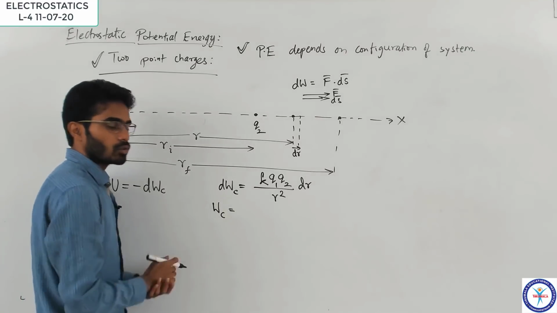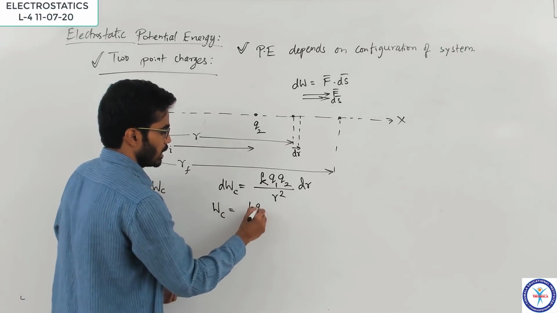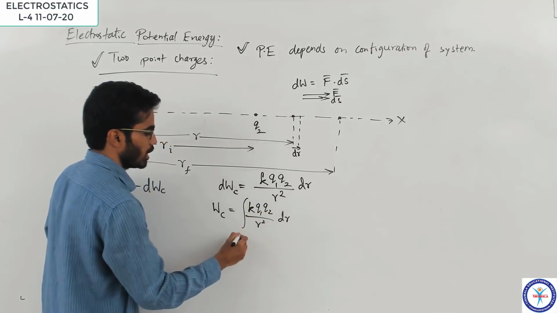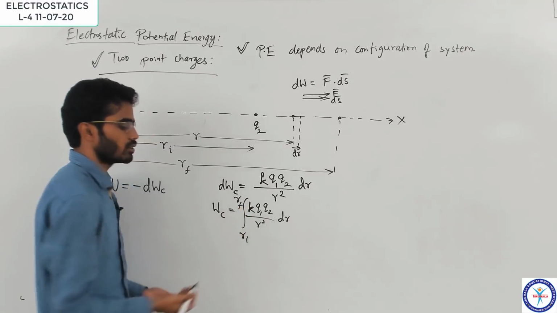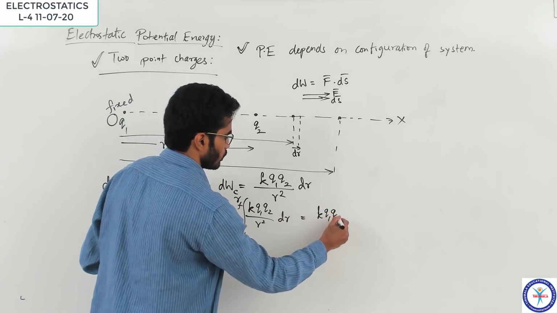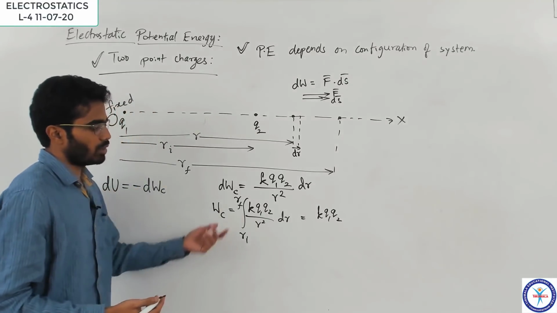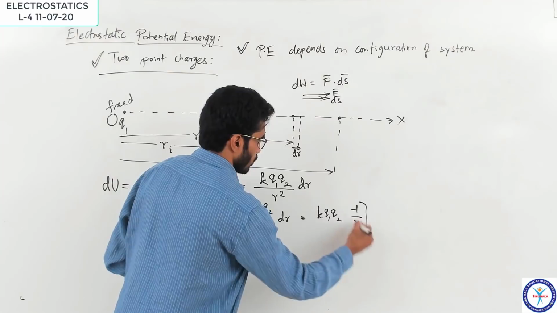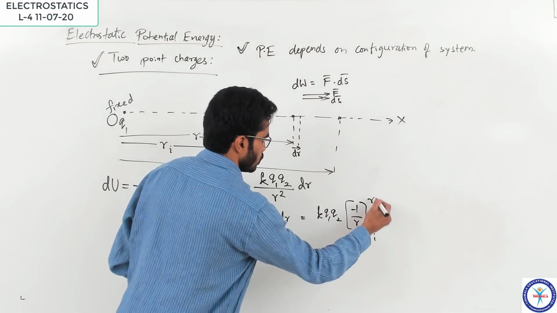Work done by the conservative force is the integral of k q1 q2 by r square dr from r initial to r final. So k q1 q2 is taken outside, the integral of 1 by r square is minus 1 by r, from r initial to r final.